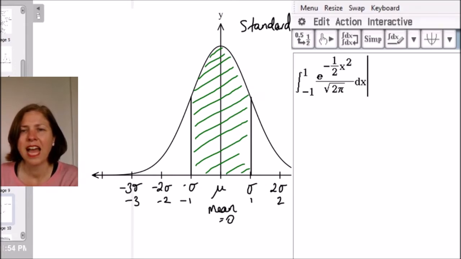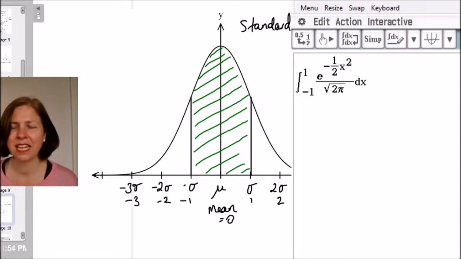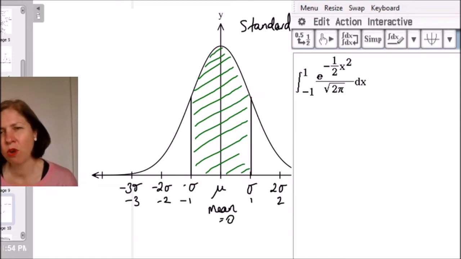And what you can see there, just a little reminder, is the standard normal curve equation. It's not the general normal curve equation, which would need values for the mean and standard deviation. Mean is 0, standard deviation is 1, so those are known values.